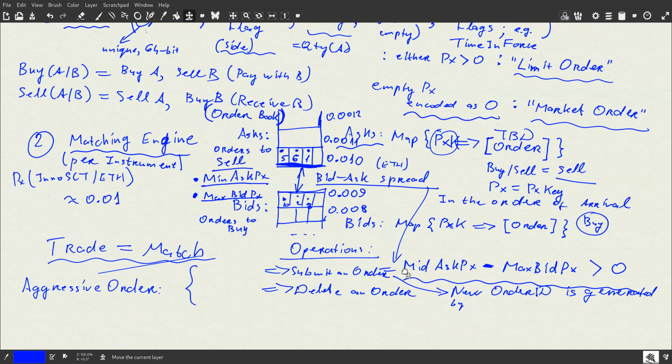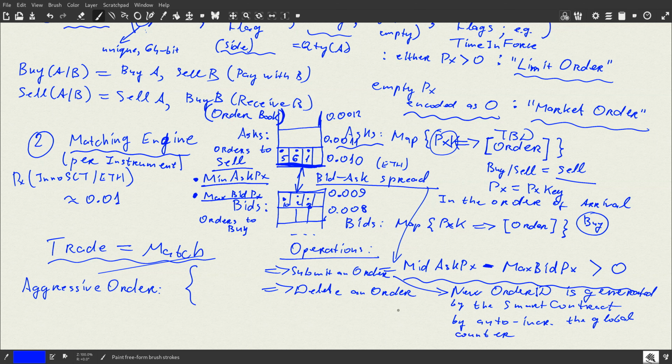So when you submit an order, the new order ID is generated by the smart contract by auto incrementing a global counter. A much more complex situation occurs when you delete an order.